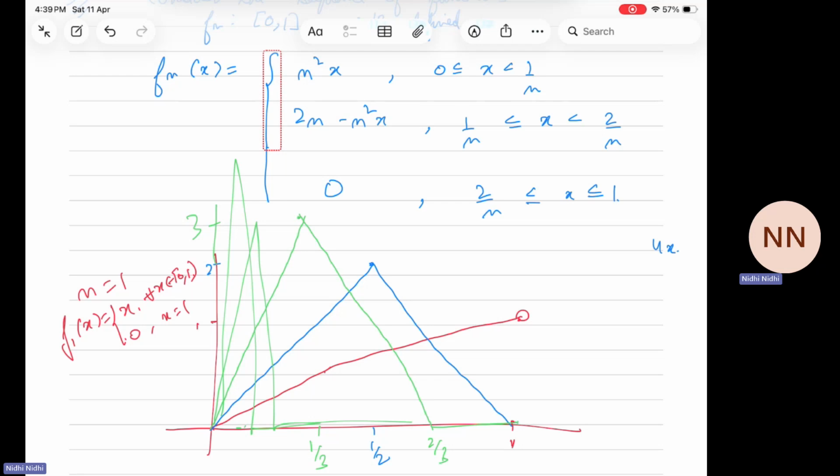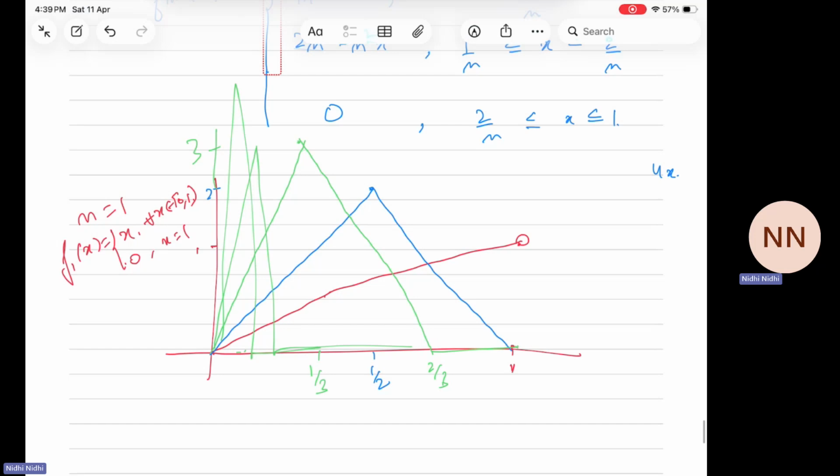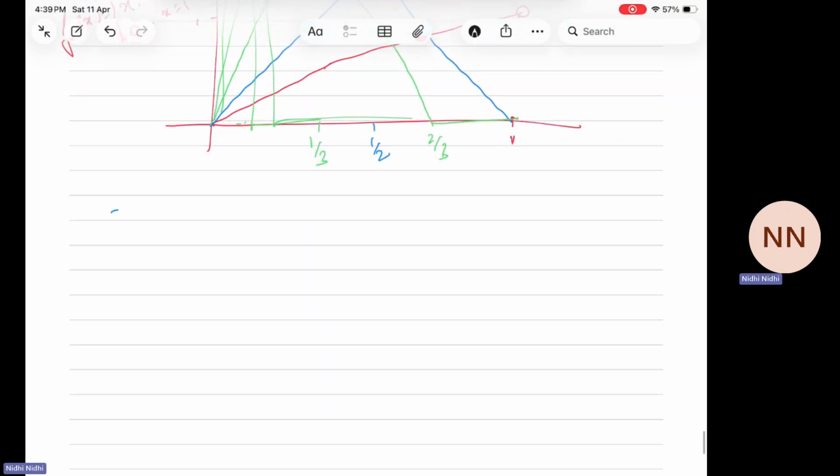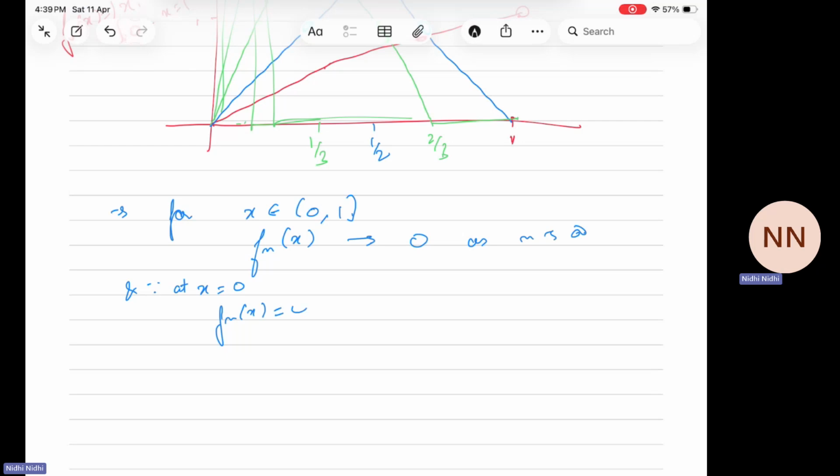So eventually you can see that as n tends to infinity, for all x in open 0 to 1, this is going to 0. So for x belonging to open 0 to 1, fn(x) goes to 0 as n tends to infinity. And of course at x equals 0, fn(x) is always 0. So therefore this sequence of functions fn converges pointwise to 0.